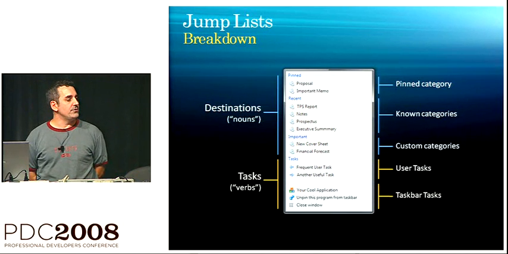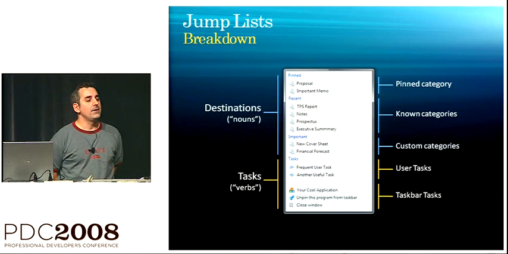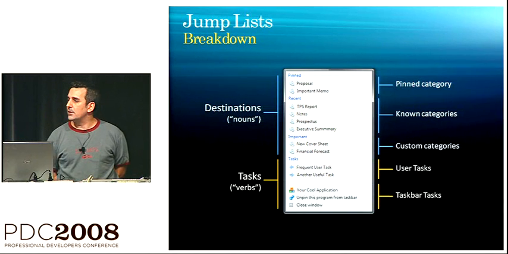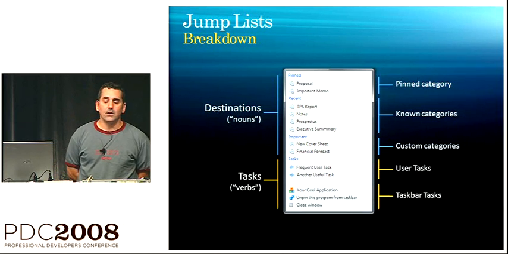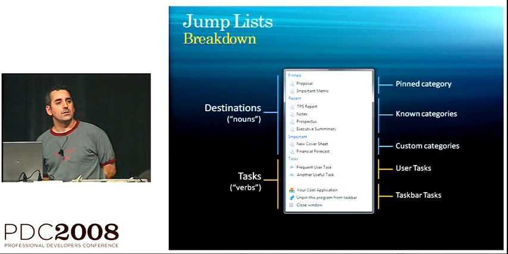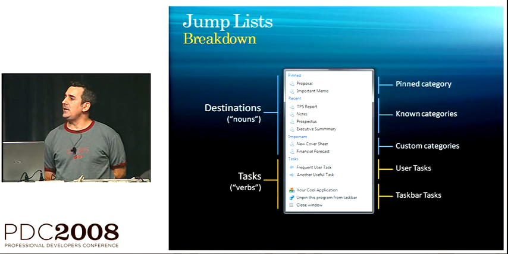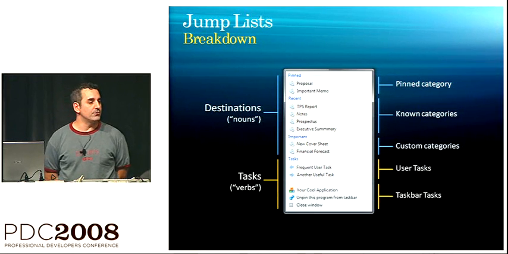These are functions an end user can use to either launch a new instance of your app, pin and unpin it to the taskbar, and close any open windows that your app may have. Next up are what we call user tasks. This is a category which your application provides to us, the operating system, of any tasks that you deem useful to end users.